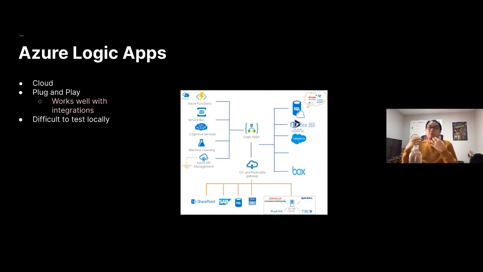You can start a Logic App with another Logic App. You can get data directly from all these places through the gateway, connect to the database. Or a lot of the time, people use Azure Functions, like serverless. And you can see that a lot of this they support with machine learning. But again, machine learning is just one small use case of this. A lot of places can benefit from workflow.